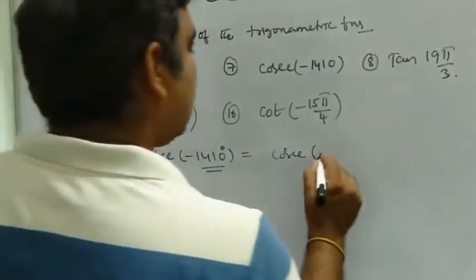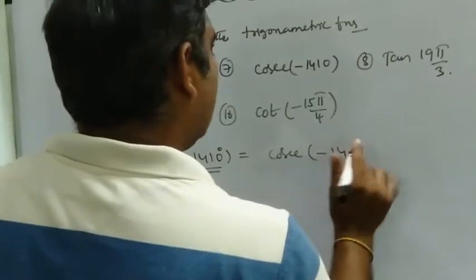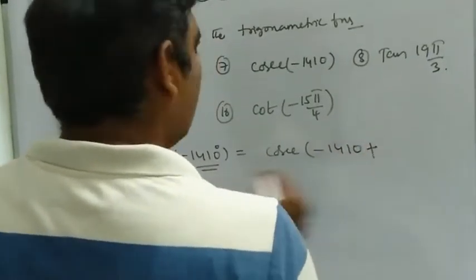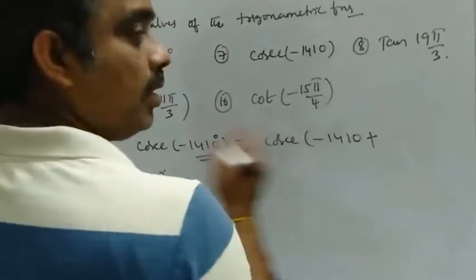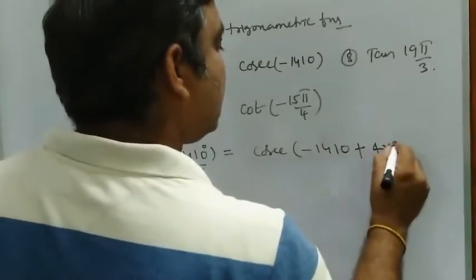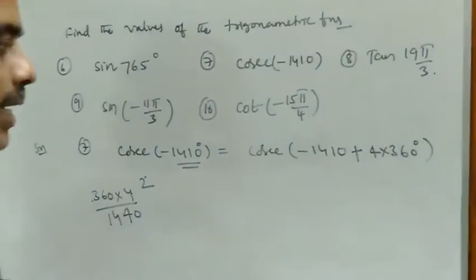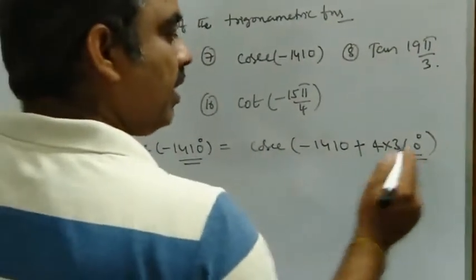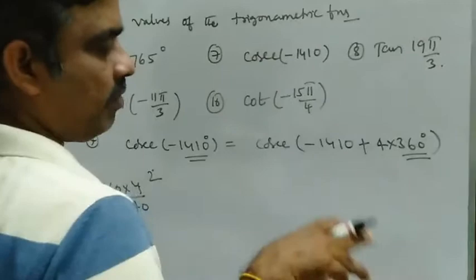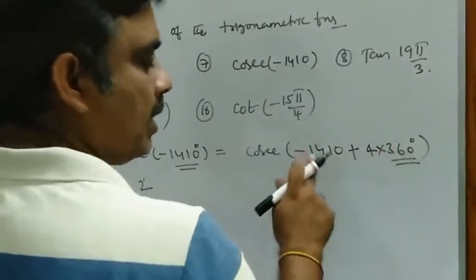I can write it as minus 1410 plus 4 into 2 pi, or 4 into 360 degrees. You can write in any manner. After 4 revolutions, you will get the same function.